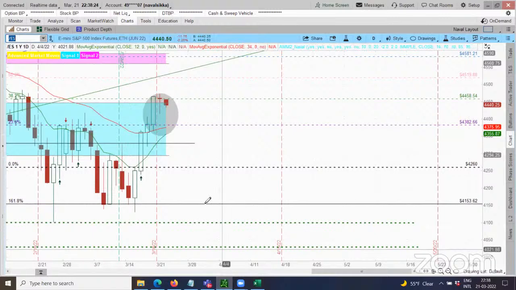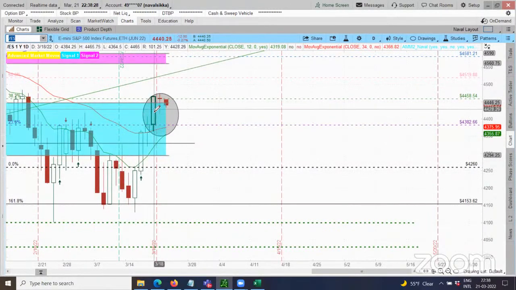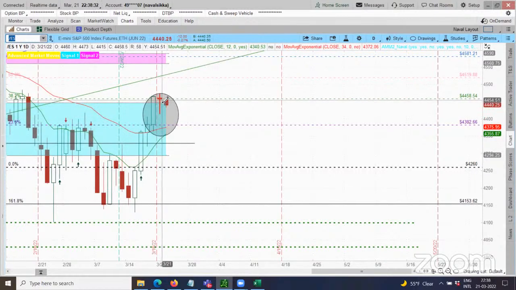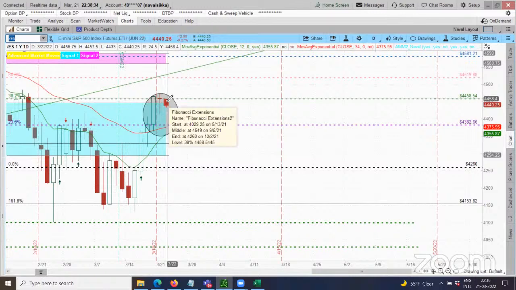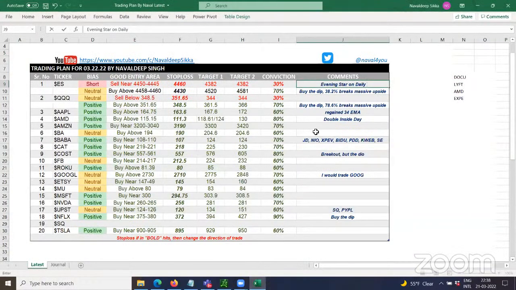And again, people who do not know evening star, when you are running in a trend from bottom to top, we had about a 6 to 7% index rally. And on the top, we had a doji, and now we are falling off with a red candle. Once we break below 44.15, it's going to be a massive downside. So evening star is here.